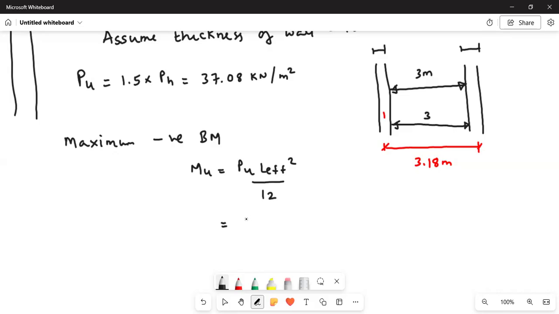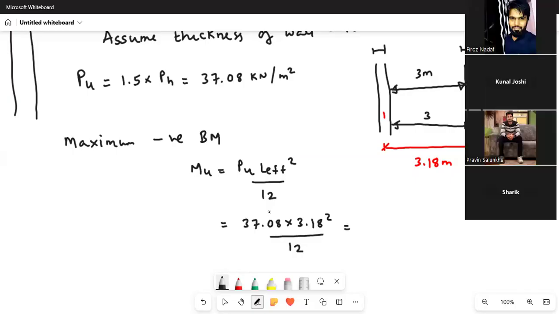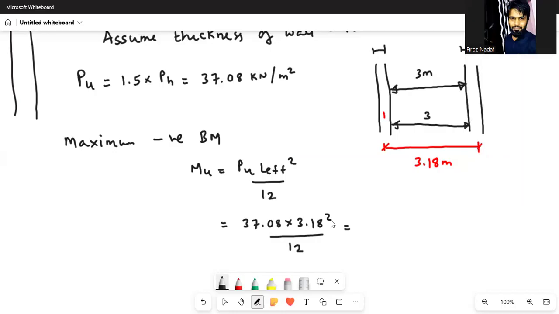Okay. So Pu is 37.08. L effective just now you have calculated, that is 3.18 square divided by 12. Okay, so the bending moment at the corner is 31.24 kilonewton meter.